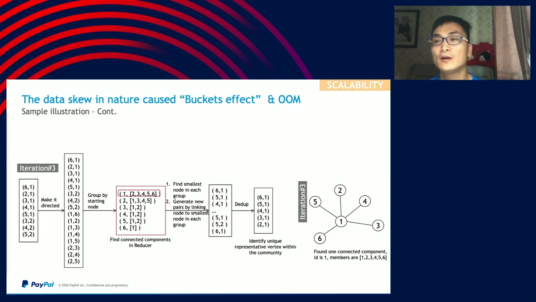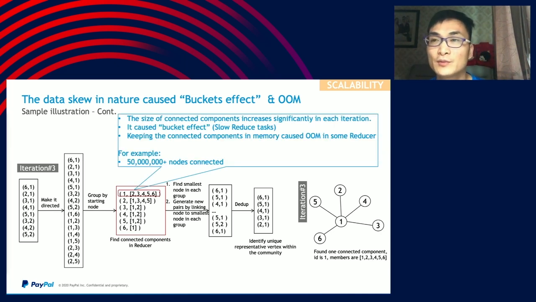But now, where is the problem? Where does the problem happen? In our production case, in one single connected component, there might be more than 15 million nodes. It means in the group by step, for a single key, there will be millions of values.